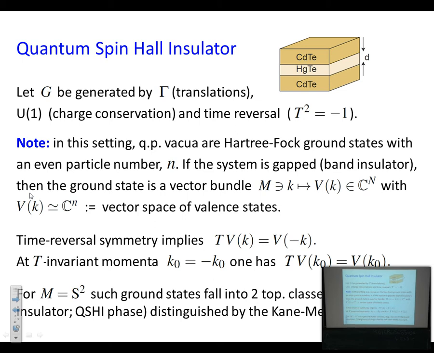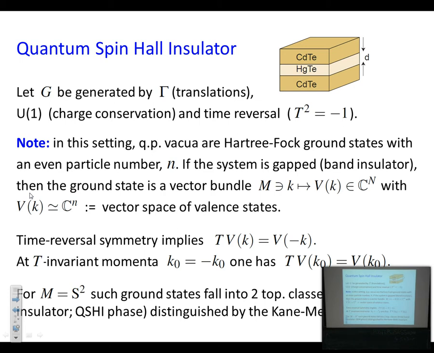acts on a reduction of these A spaces called V. The physical symmetry means that time reversal is applied to the fiber. This is the space of valence states, V as in valence, or vector if you prefer. So time reversal applied to the vector space of valence states at k should give you the vector space of valence states at -k. That's a statement of symmetry.